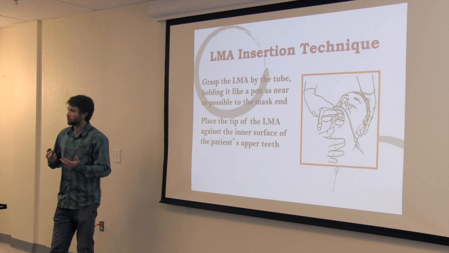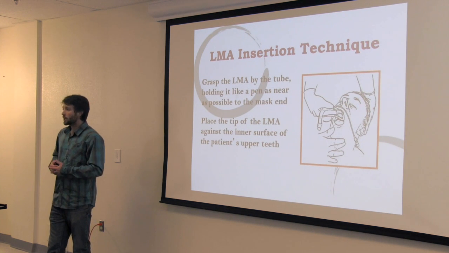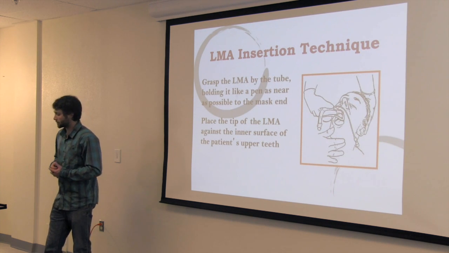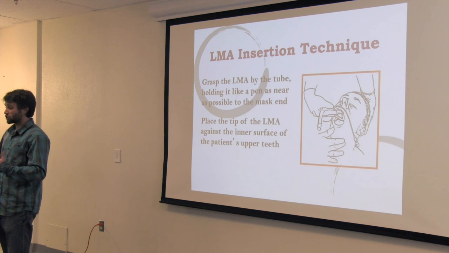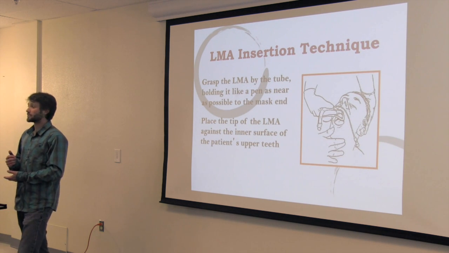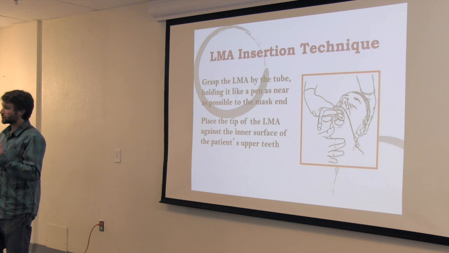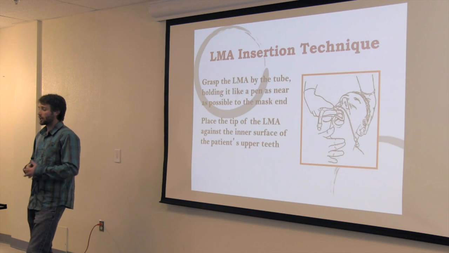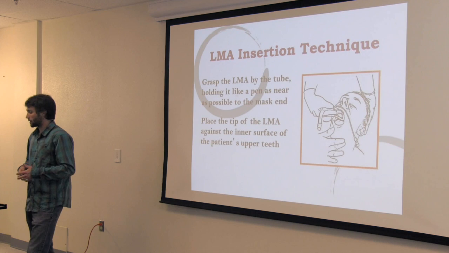It's best to grab the LMA towards the base where the mask is and insert it along a couple of fingers all the way down into the mouth. Essentially, you're just shoving this device into the patient's mouth while making sure that the tongue does not get in the way. That's the basic principle of it. I'll show you a little bit more sophisticated way to think about it here in a minute.